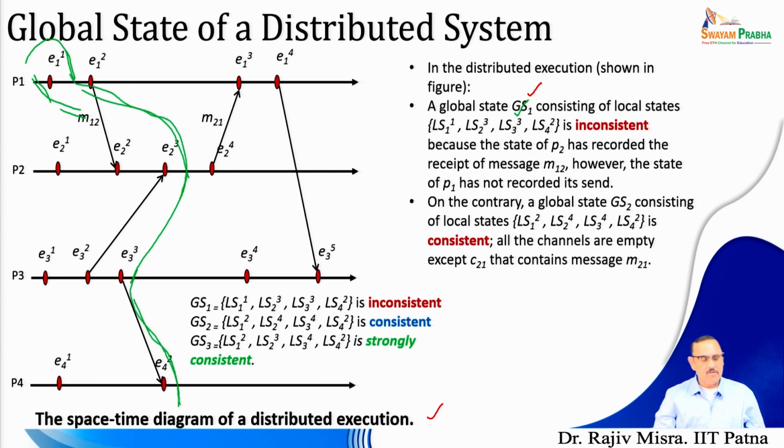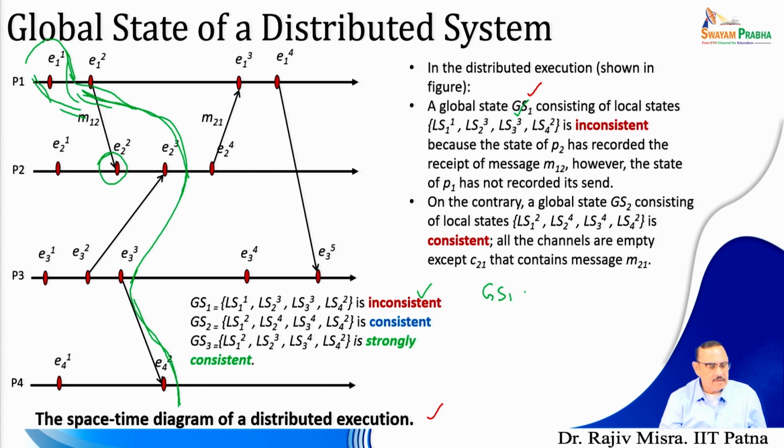So, let us see about this particular state. This state is inconsistent. Why? Because you can see that it will cover a message which is received. This particular message E22 in this particular global state GS1 is inconsistent. Why?